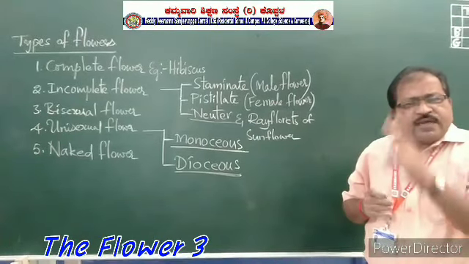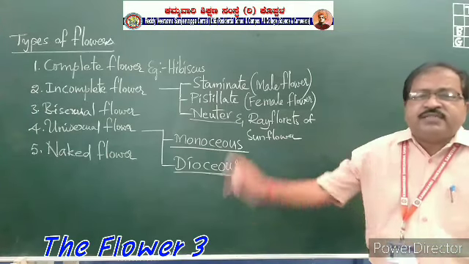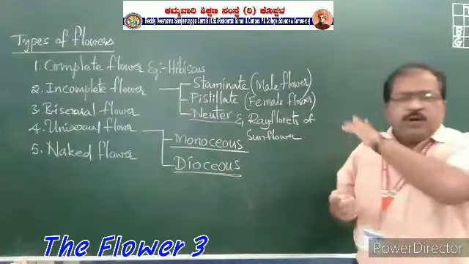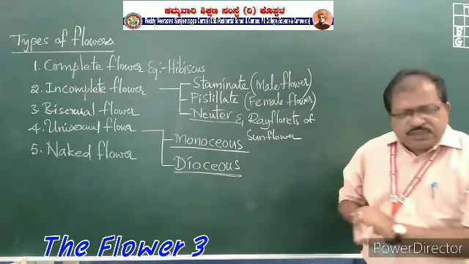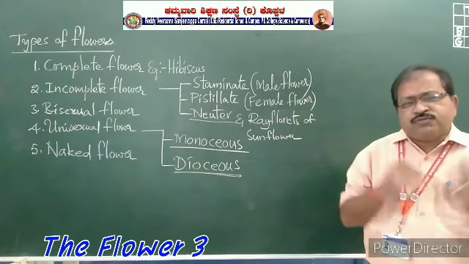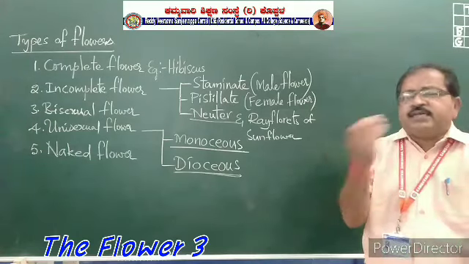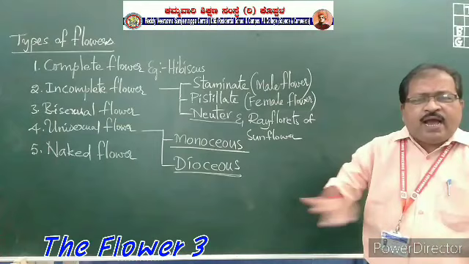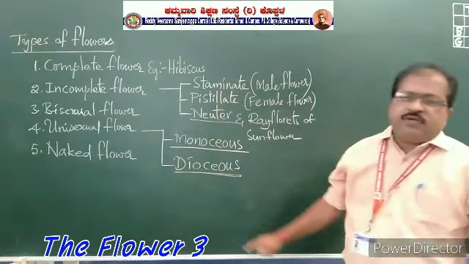So when these calyx and corolla are completely absent, and the sexual parts of the flower, that is stamens and pistil, are open, that means they appear outside. They are not covered by anything because the covering parts, calyx and corolla, are absent. Such a type of flower is called a naked flower.